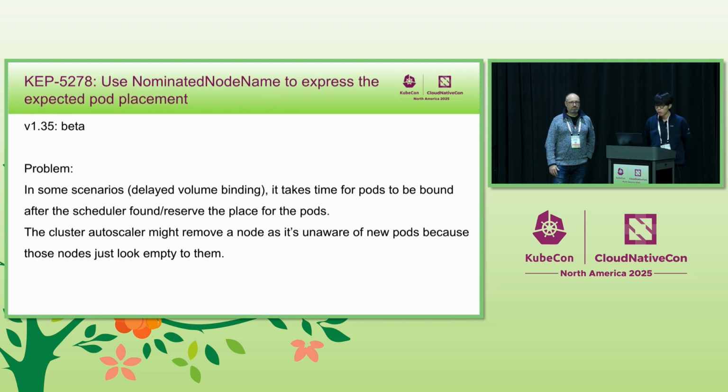And the next one: use nominated node name to express the expected pod placement. This nominated node name already exists. This feature comes from the problem stated here. In some scenarios, for example with delayed volume binding, it could take maybe several minutes for pods to be actually bound after the scheduler decides the placement.